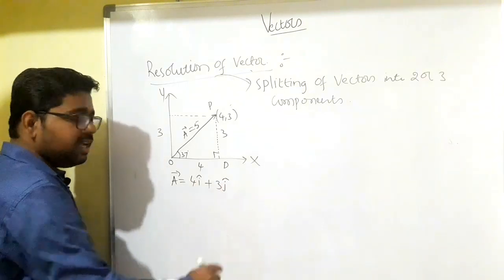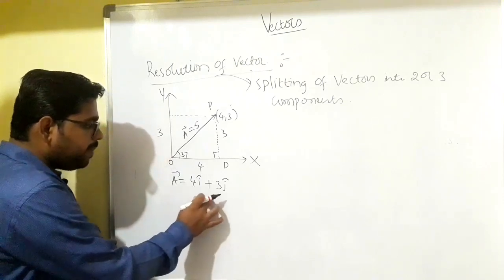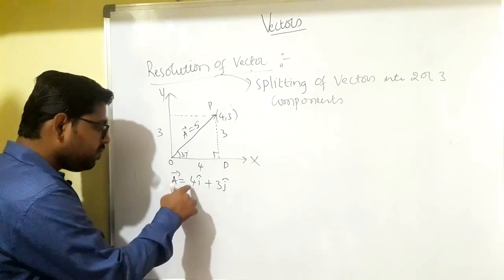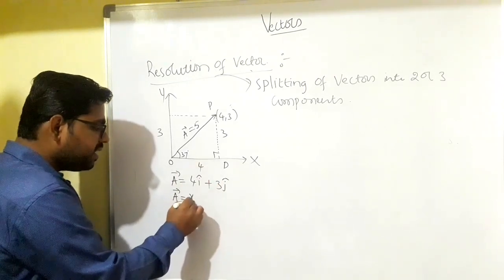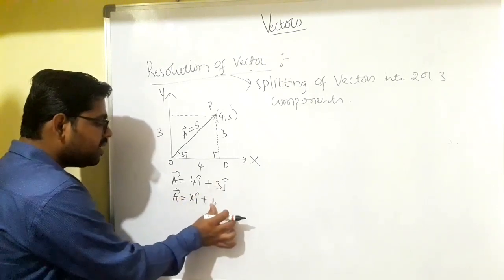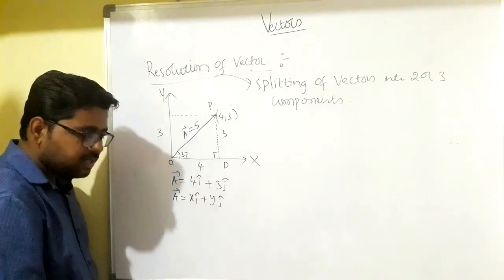Sorry, 4 i cap plus 3 j cap. This is how we represented it. Now 4 is your x component. Shall I write it generally like this? x i cap plus y j cap.